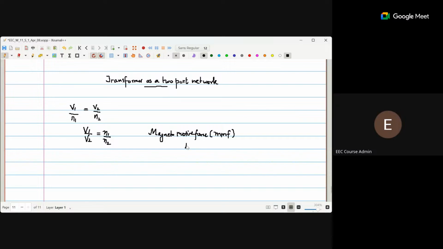So N1 I1 is the MMF associated with the primary, and N2 I2 with the secondary. N1 I1 equals N2 I2, from which N1 by N2 equals I2 by I1. Putting it in the earlier equation, V1 by V2 equals N1 by N2 equals I2 by I1. This is the fundamental thing we have seen.